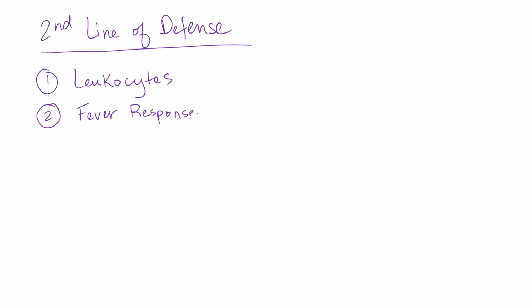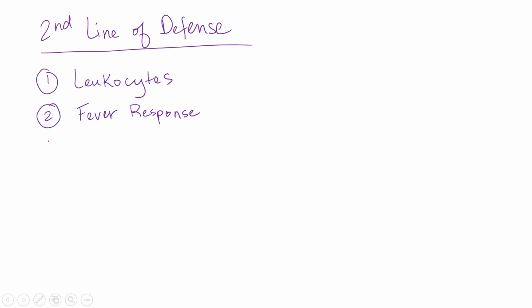When our body produces a fever response, it does that in response to signal molecules secreted by leukocytes called cytokines. More about that later. And by the way, why does the fever response help in the fight against pathogens?